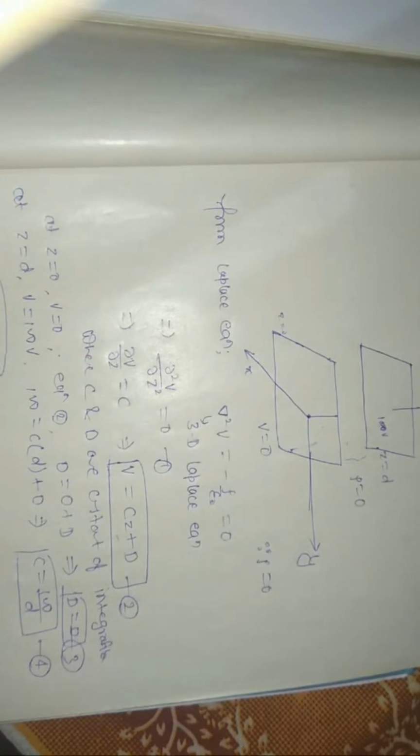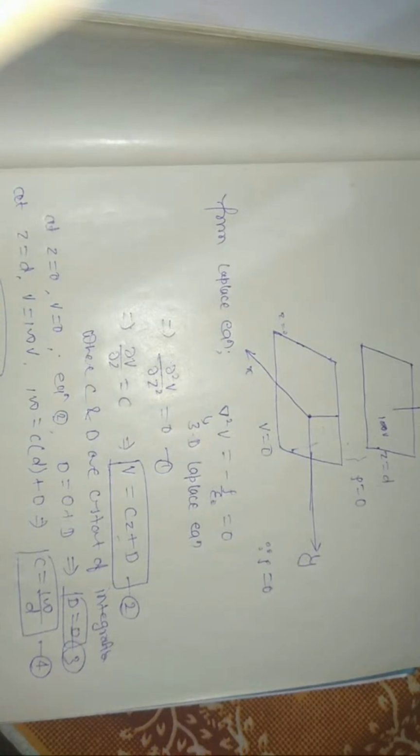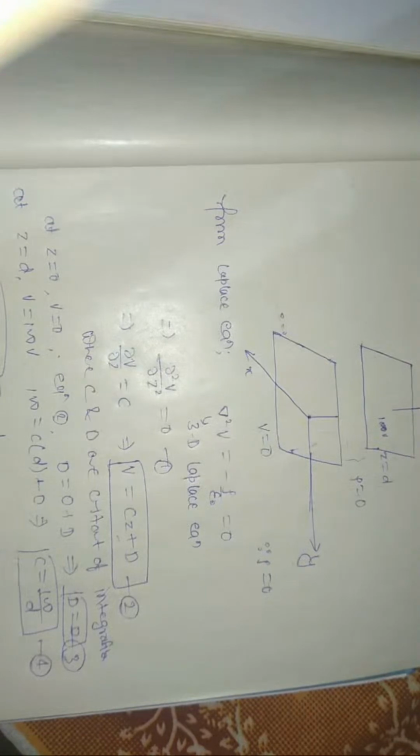Now using equations 3 and 4 in equation 2, we get potential equal to 100 Z by D. This is equation 5. This is the potential between the plates. Now also know about the electric field. How will you define the electric field?